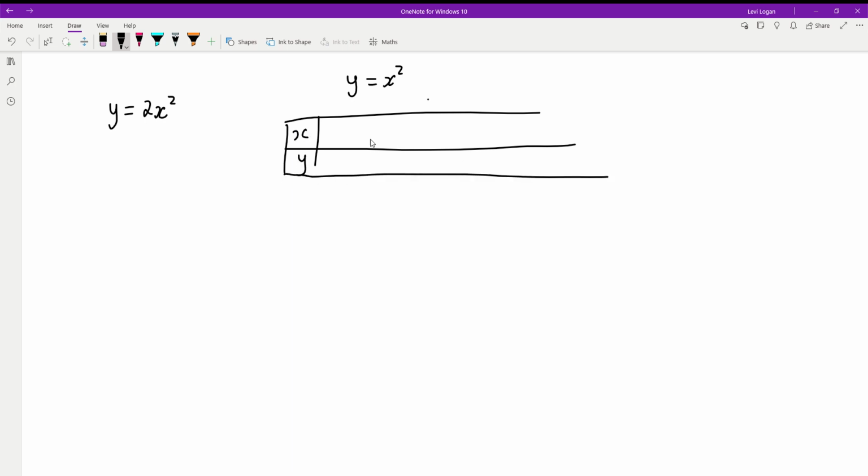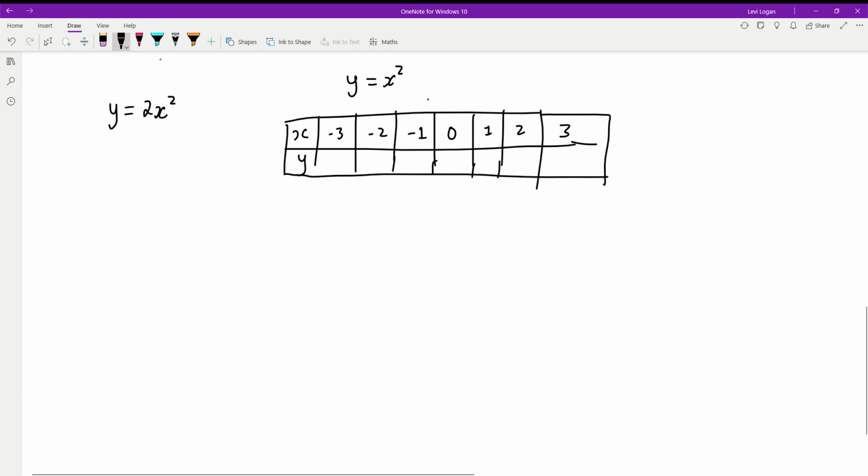So this was our old one. We'll go from -3, -2, -1, 0, 1, 2, 3. And we know what these coordinates are. Just filling in the table. This is 9, 4, 1, 0, 1, 4, 9. So we know what that function looks like.